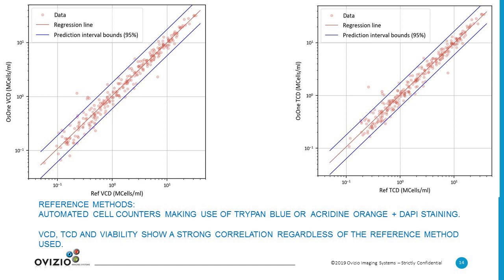And we see that there is a very strong correlation between the VCD, TCD, and viability data performed by those methods, taking into account that those methods require manual sampling and having a sample moment only once, maximum twice a day instead of continuously. Showing a very strong correlation.